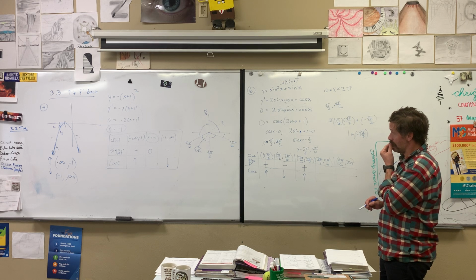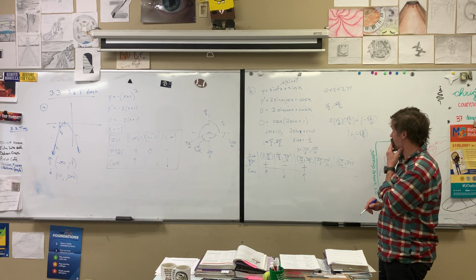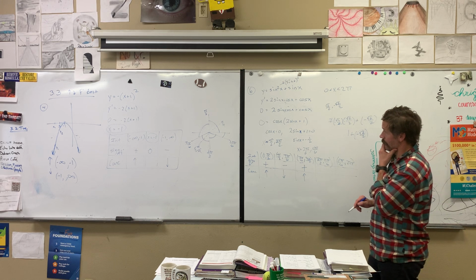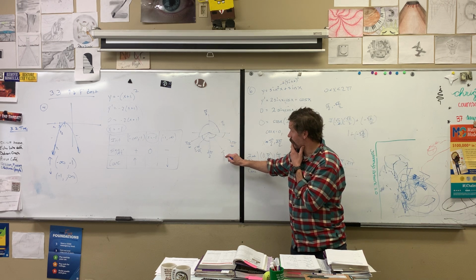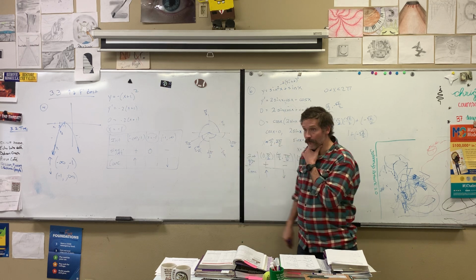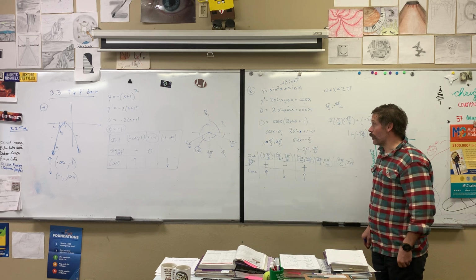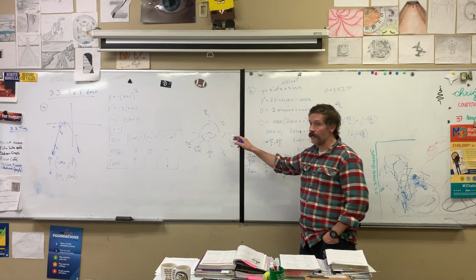Then the next one, we could do the same thing out here with the pi over 4, right? It's not pi over 4, but it's the multiples of pi over 4. So cosine, what's cosine going to be, positive or negative? Positive.